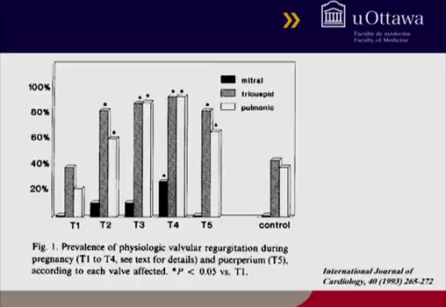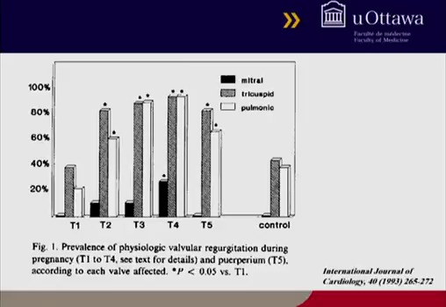And what you see here is the 5 time periods, T1, T2, T3, T4, T5, and you also see the percentage of patients with valvular regurgitation. The black bars are mitral valve regurgitation, the gray bars are tricuspid, thank you.